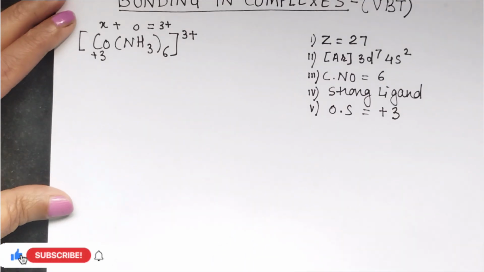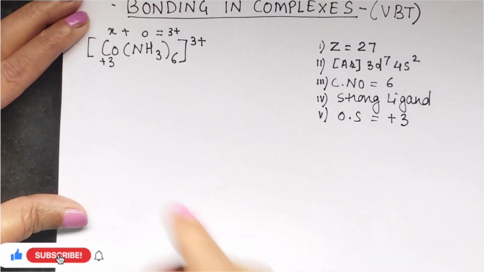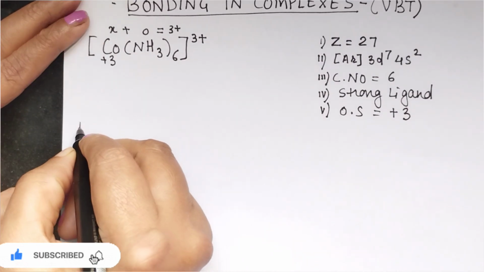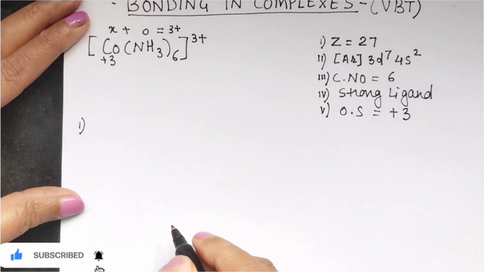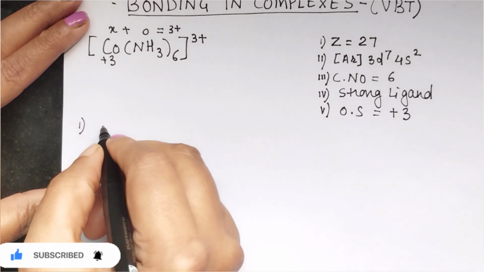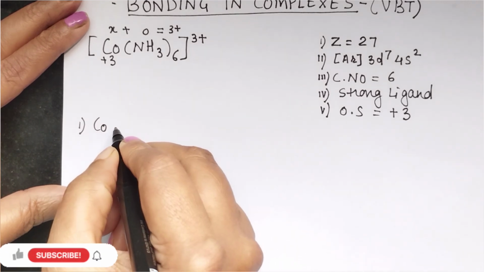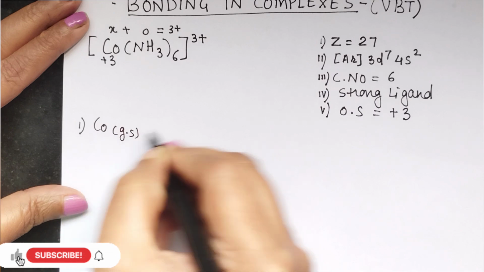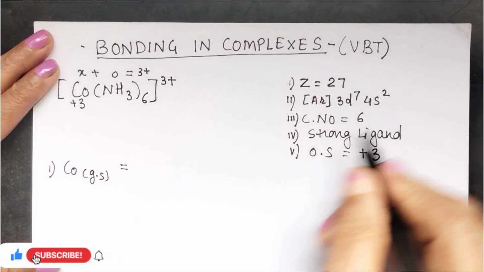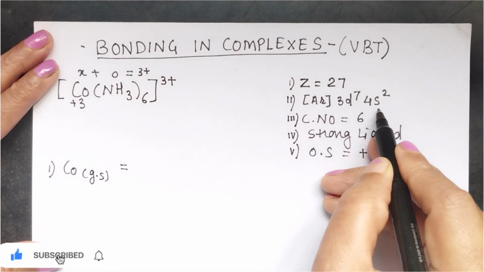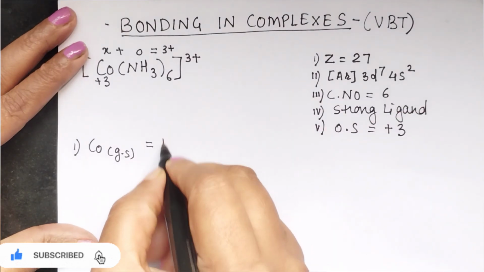Now let us start for the VBT concept. The first very important thing you have to write is the ground state electronic configuration of cobalt. So cobalt in the ground state: let us write the electronic configuration 3d7 4s2. So I will draw the d orbitals.